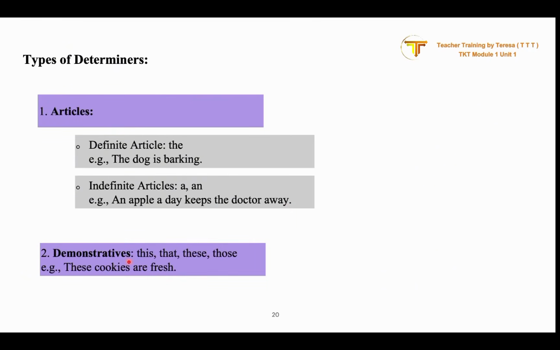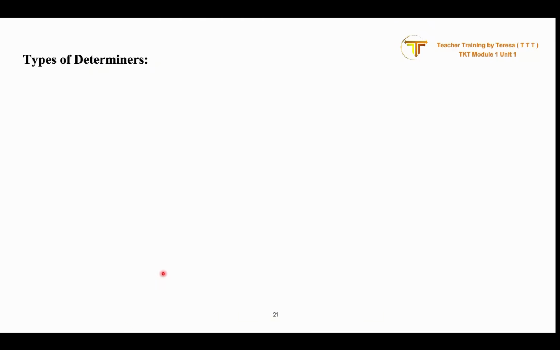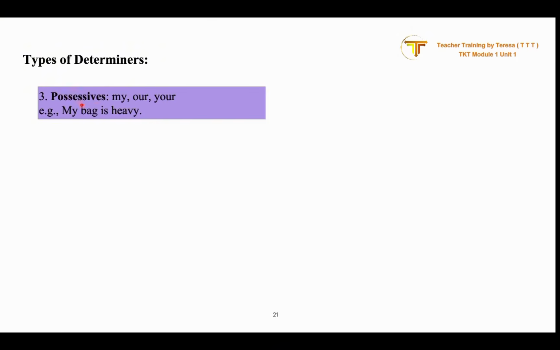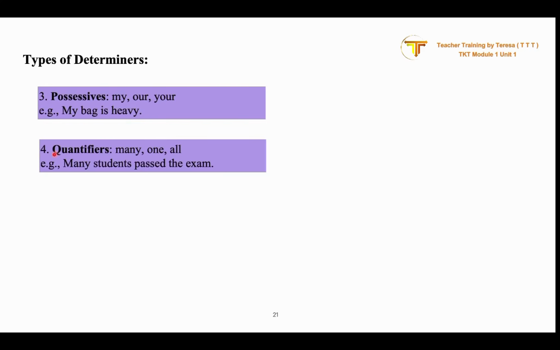2. Demonstratives: this, that, these, those. These cookies are fresh. 3. Possessives: my, our, your. My bag is heavy. 4. Quantifiers: many, one, all.